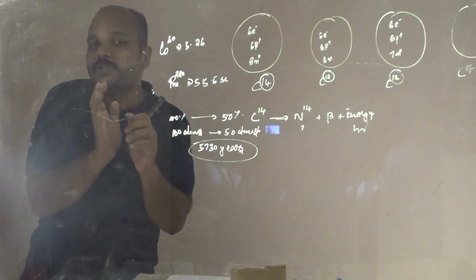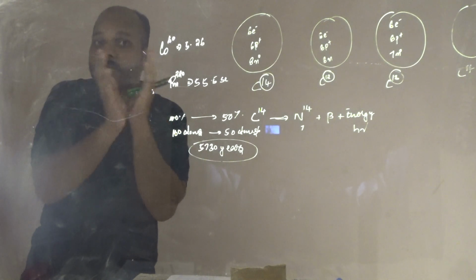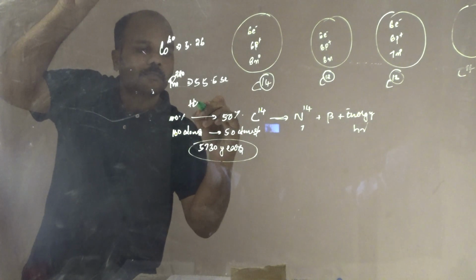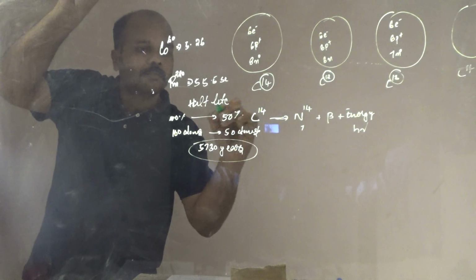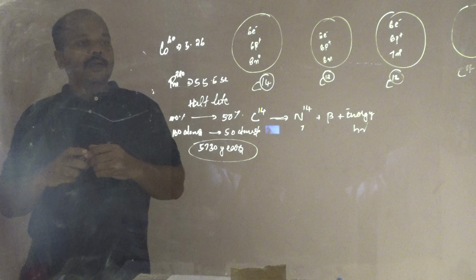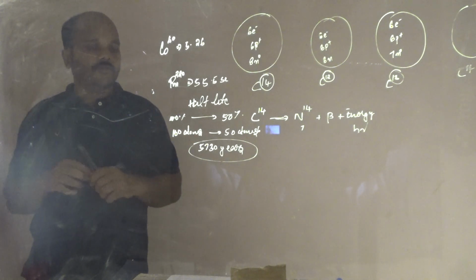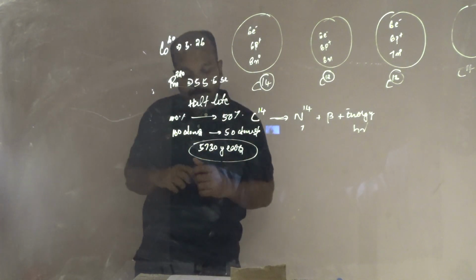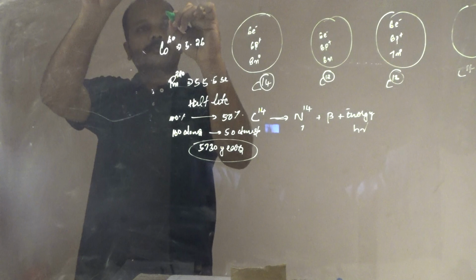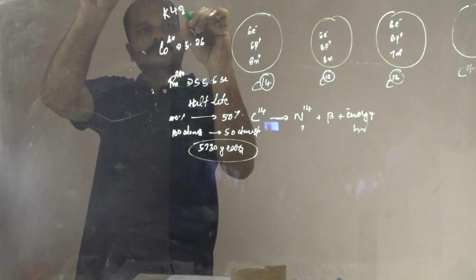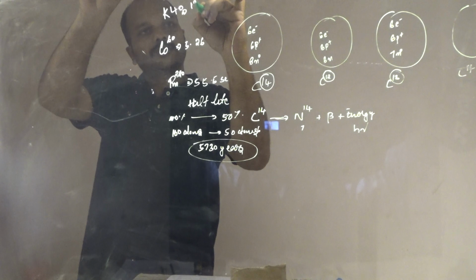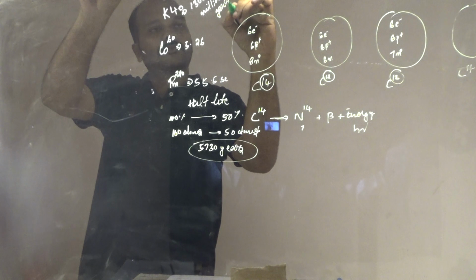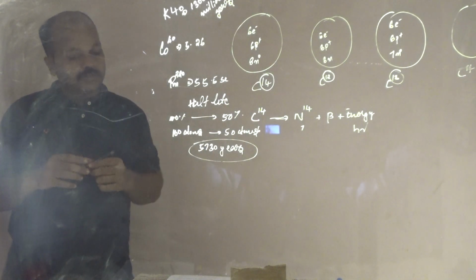This time period, from 100 to 50, we call the half-life. So the half-life for radon is 55.5 seconds, for cobalt it is 5.26 years, and for potassium it is 1,300 million years. This is something you need to know.